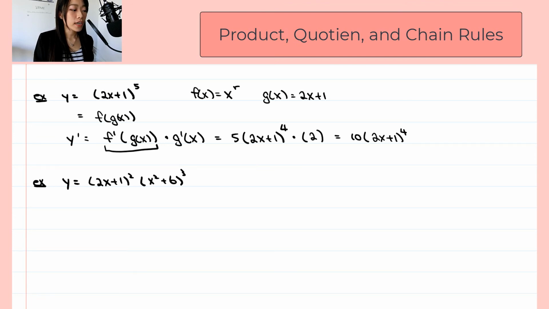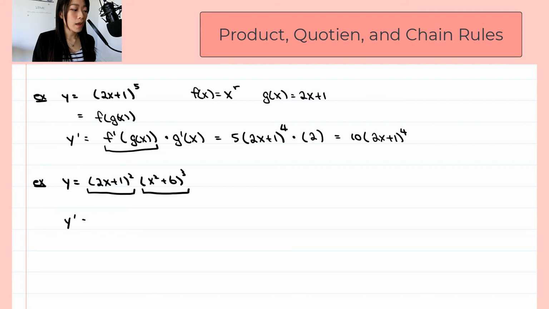Now let's look at another example. Here we have 2x plus 1 squared times x squared plus 6 cubed. So here we have a function of x times another function of x, and for each function we have to use the chain rule version of the power rule.